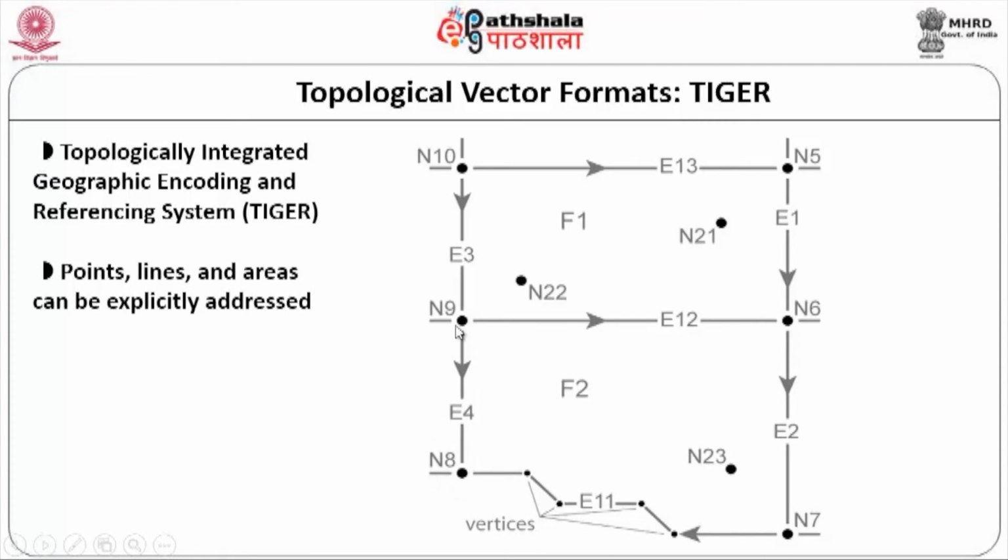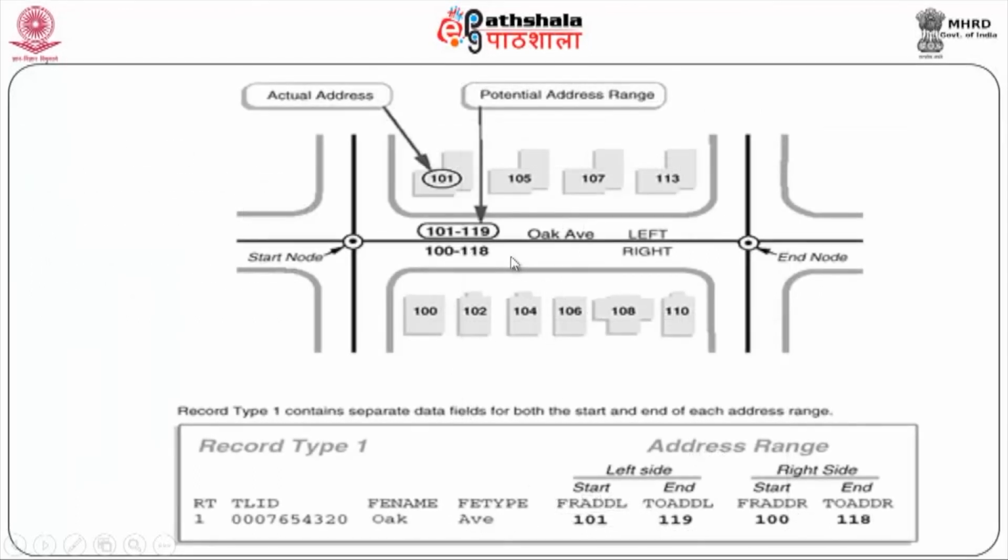This Tiger topology follows this. In address matching, if I want to find out, here there is the end node and the starting node of this particular line. In this context, whatever is on the left side is stored separately, and whatever is on the right side is stored separately.